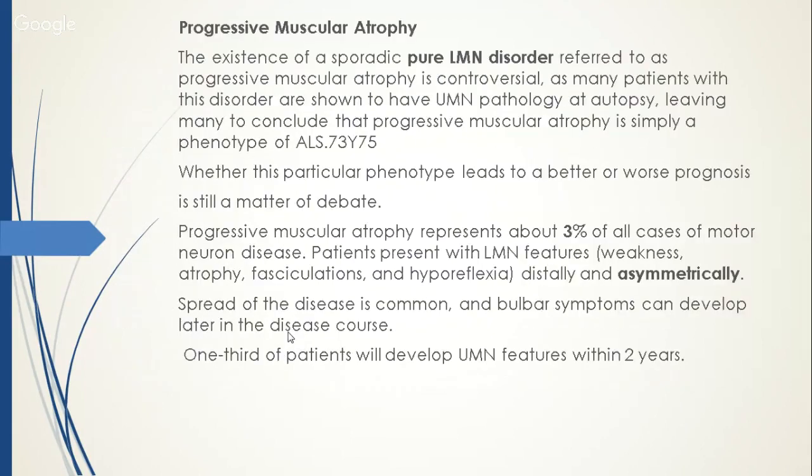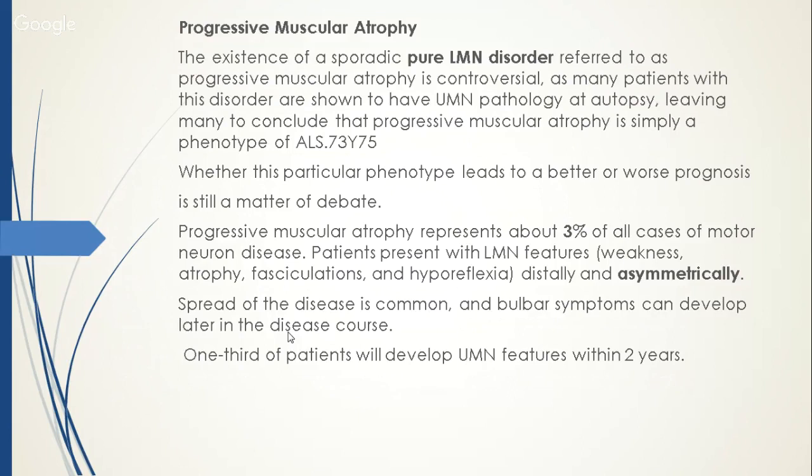The other disease is progressive muscular atrophy, which is a little bit controversial because it was identified as a pure lower motor neuron disease, which is not quite true. These patients will initially have lower motor neuron disease involving the lower extremities, but this time asymmetrically, with weakness, fasciculation, hyperreflexia, just the lower motor neuron symptoms.